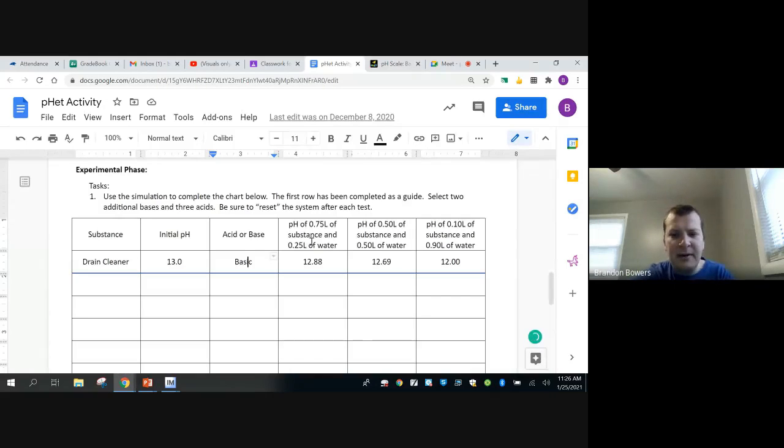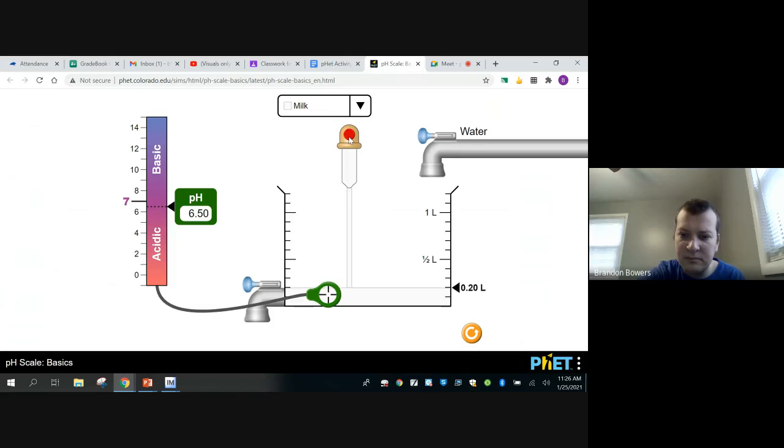Now, here you have to play around a little bit. What happens if 0.75 liters is milk and 0.25 is water? You have to add it up. It takes a minute to add all the milk. So 0.75, 1, 2, about right there.